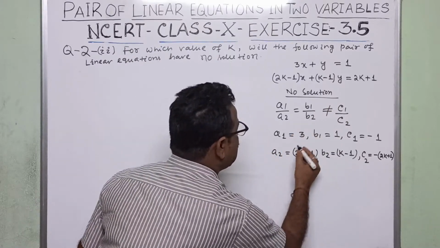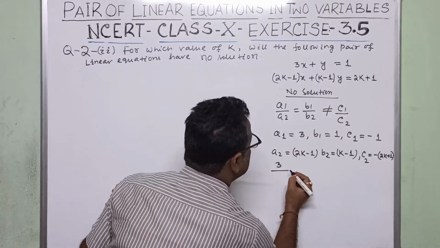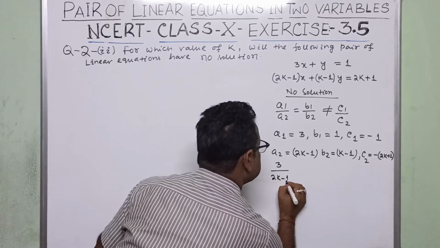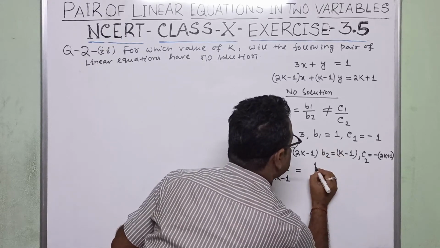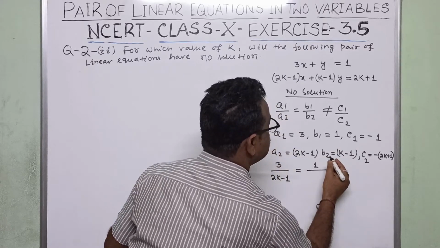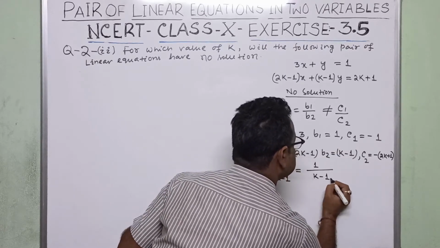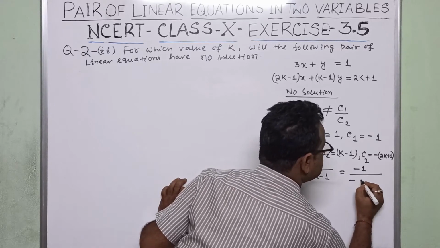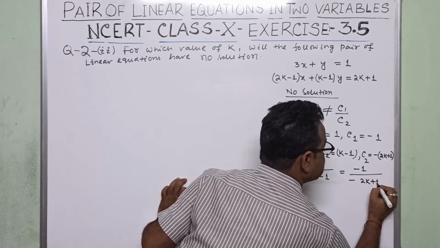So a1 is 3 by a2, 2k minus 1, is equal to b1, 1, by b2, k minus 1, is equal to minus 1 by minus 2k plus 1.